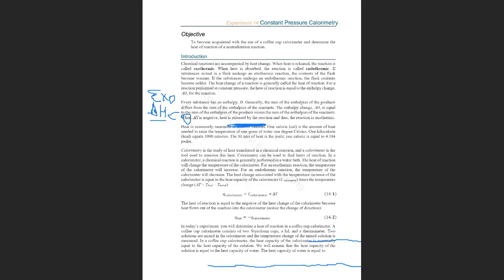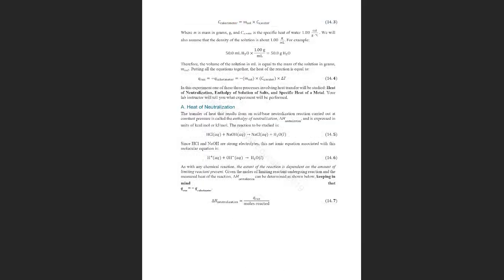Okay, so then let's continue. Here they are adding the mass of the solution times the specific heat of the water. So at the end of the day, they're using the formula that I gave before.